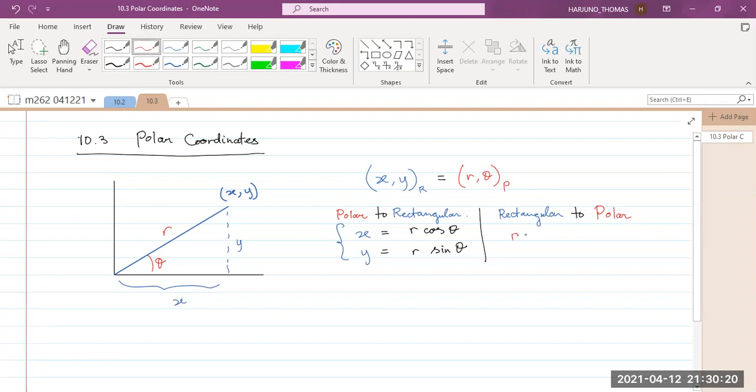The r is actually the square root of x squared plus y squared. Now from here, we have something you don't like, which I don't like either. The r may be negative. In other words, we accept the r to be negative. r squared equals x squared plus y squared. r may be negative, and this is the fact that I hate the most.